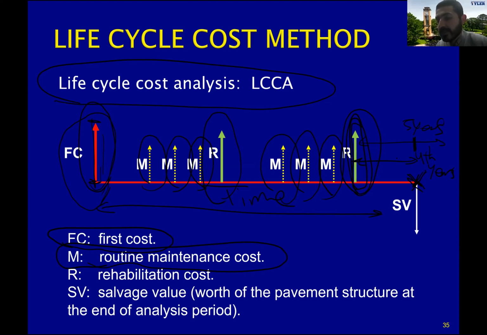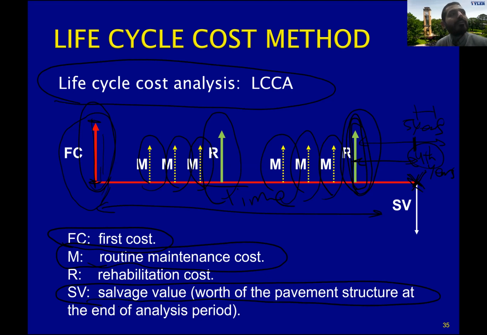So this pavement was supposed to go for 5 years, but you are now ripping it off and starting again at the fourth year. So it had another year of life, if you will, and that's what we call salvage value. What's the worth of the pavement structure at the end of the analysis period?